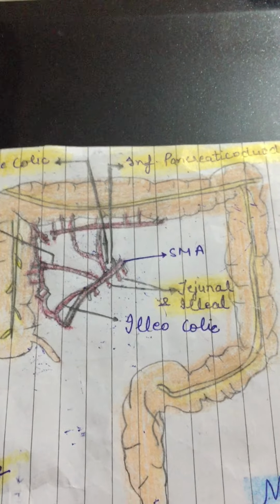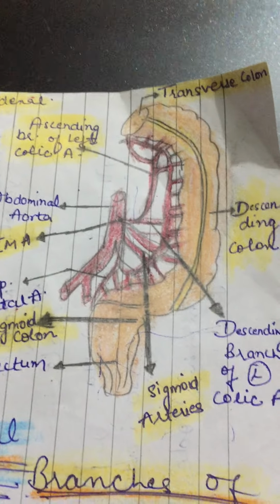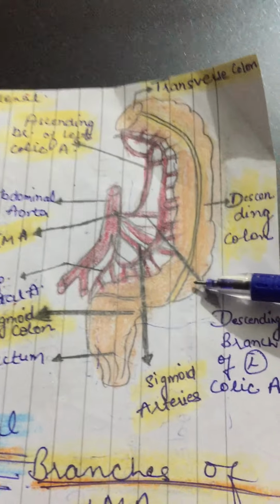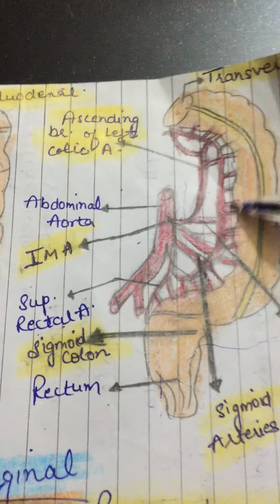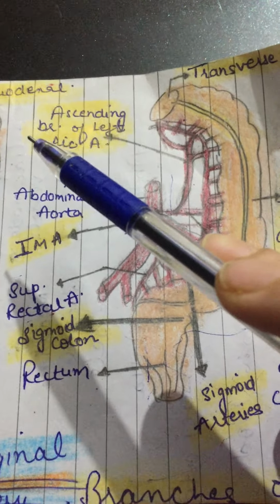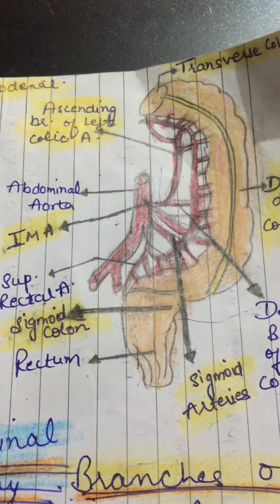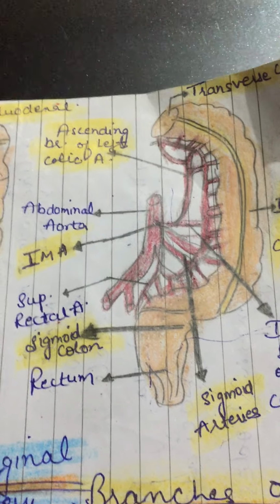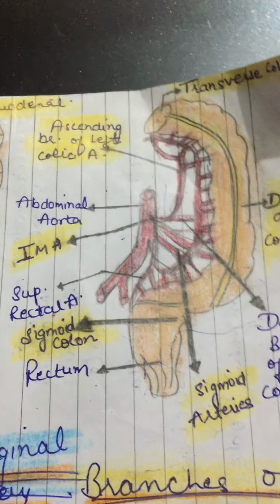Right. Now let's discuss the inferior mesenteric artery. I have drawn the inferior mesenteric artery here. The inferior mesenteric artery is the artery of the hindgut. The superior mesenteric was the artery of the midgut. The celiac trunk, the first branch, was the artery of the foregut. So foregut, celiac trunk; midgut, superior mesenteric artery; and hindgut, inferior mesenteric artery.